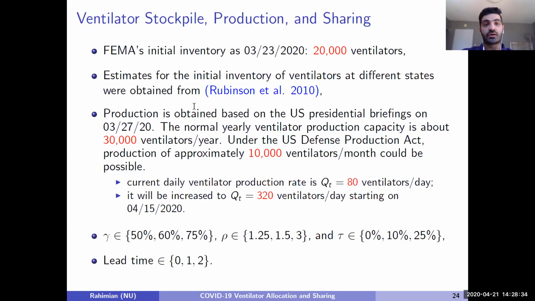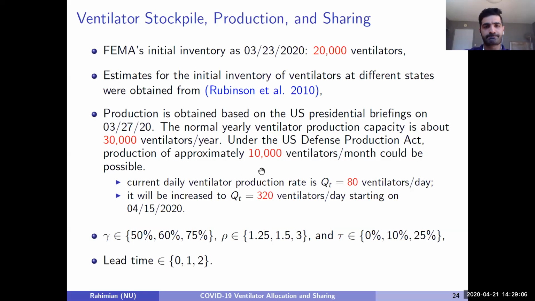If you remember, we had other parameters in the model, including the initial inventory at the FEMA level. We got that from the US presidential briefing: FEMA, as of March 23rd, had 20,000 ventilators in hand. We obtained the initial inventory of ventilators from the American Hospital Association's survey that was done in 2010. We obtained the information about production also from the US presidential briefings.